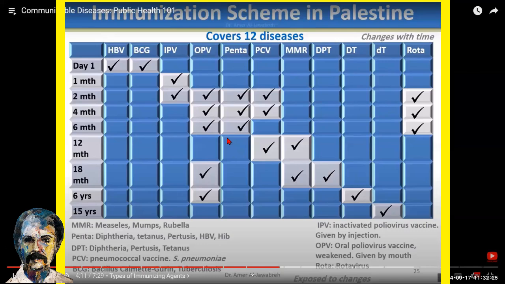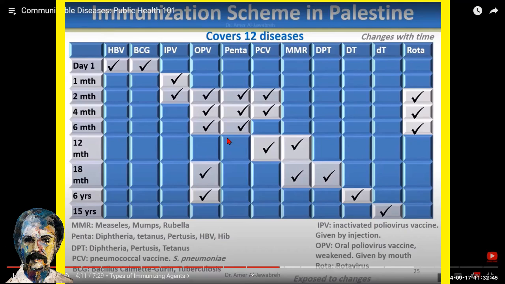And you can now see in Gaza, they have a timeout from the war, and WHO managed to vaccinate 500,000 children or 500,000 people. Okay, and usually they used what? The OPV, oral or per os.